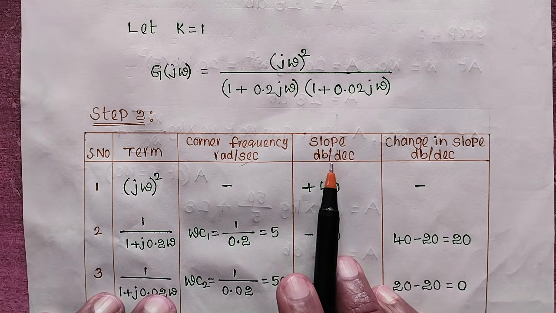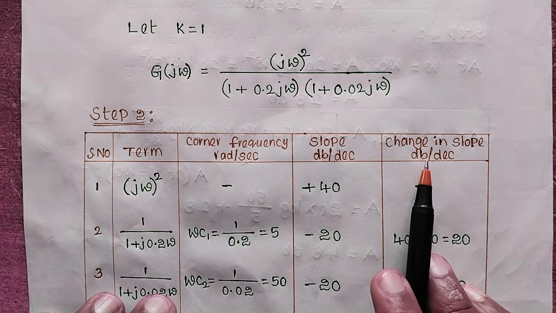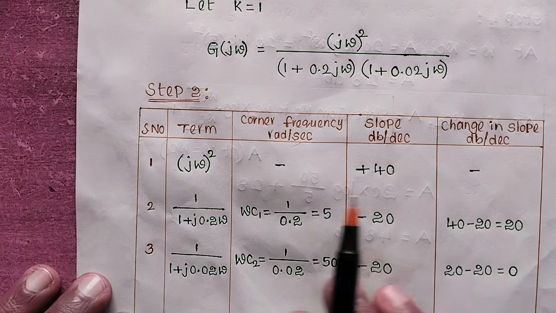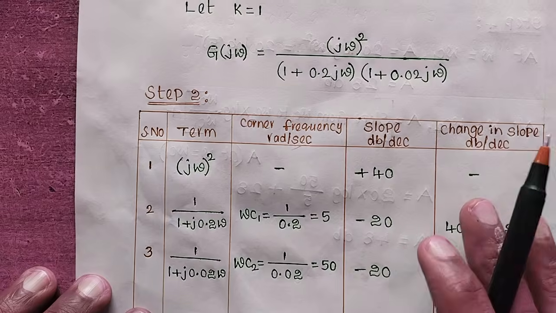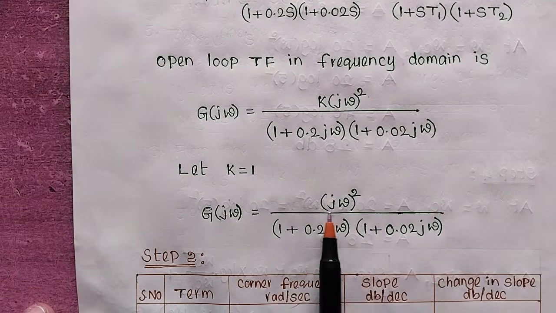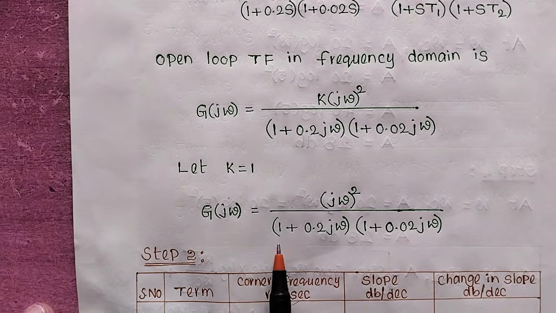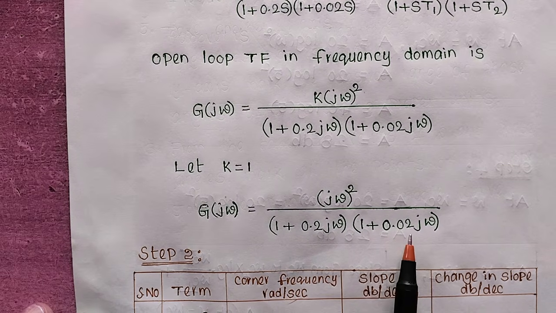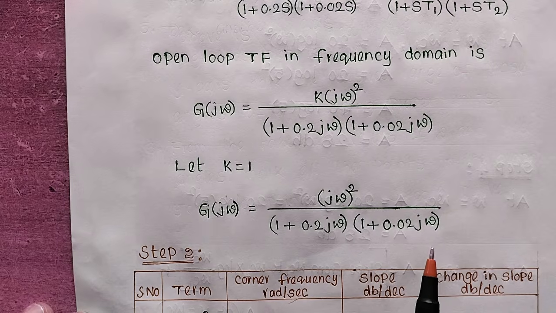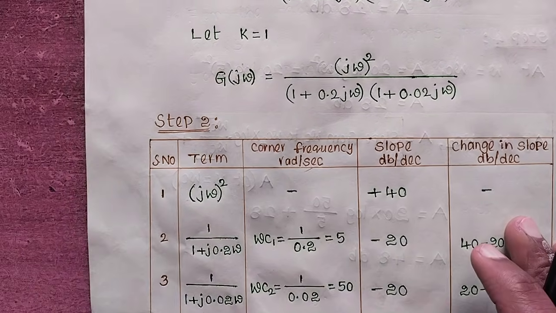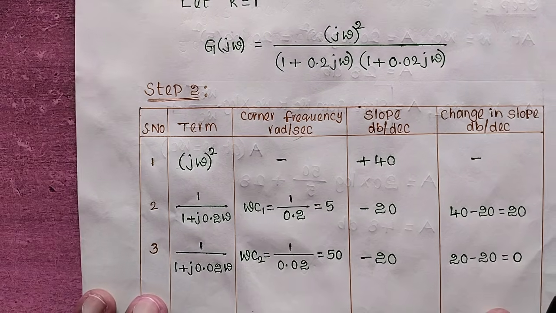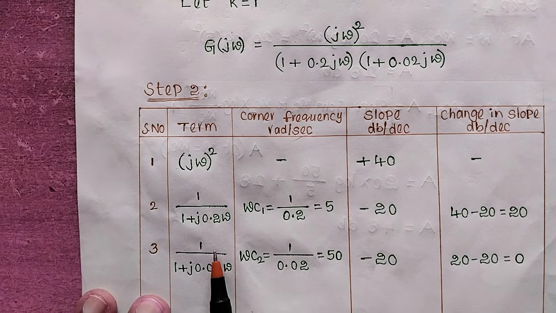The different terms are written from the transfer function. (j omega) square is one term, 1 by (1 plus 0.2 j omega) is another term, and 1 by (1 plus 0.02 j omega) is another term. So altogether we have three terms.